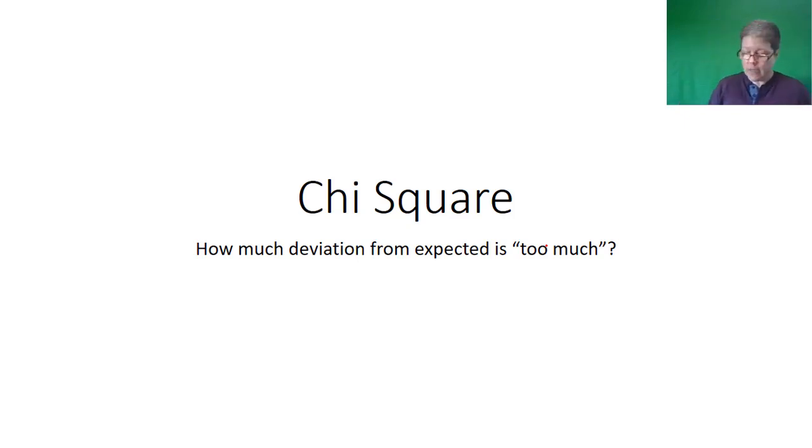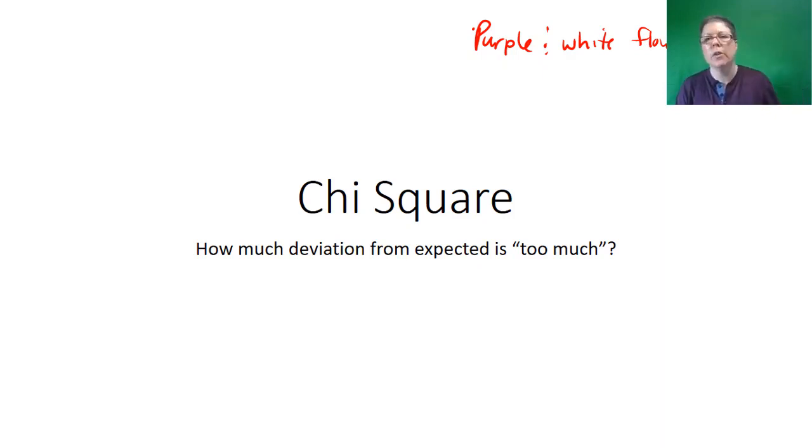So let's use an example, a simple example from genetics that we've been learning. Let's use purple and white flowered peas. You've heard too much about this in your genetics lectures, so this should be really, really familiar.